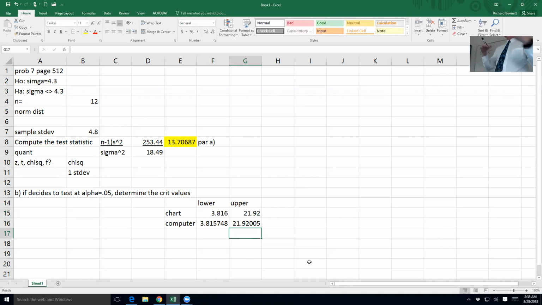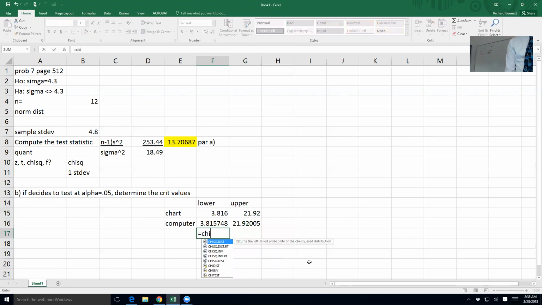You have chi-square dist, you have chi-square inverse. What's the difference? Now, let me say this. When you're typing it in, if you're paying attention to what it is, if you're not sure, let's pretend I know it's chi-square something. I'm not sure if it's dist or if it's inverse. We know it's inverse because I just showed you.